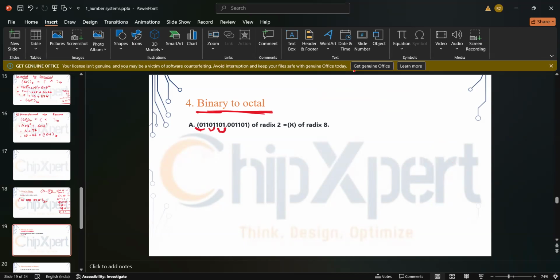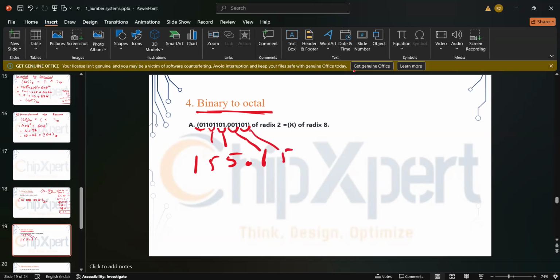If I club these 3 bits, 0 1 0, the octal representation is 5, and for 0 1 0 it is 5, and the last one, 0 1, is 1. Then after the point, I club 3 3. 0 1 1 is 1, and the next one, 1 0 1, is 5, right?